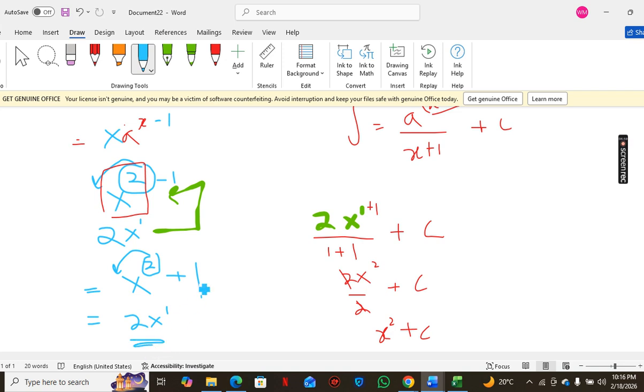The 1 has disappeared because when you're deriving, a number without a letter goes away. So when you work back with integration, this c represents any constant, any number that doesn't have a letter attached to it. So this x squared plus c is the same as x squared plus 1. This c represents this 1.